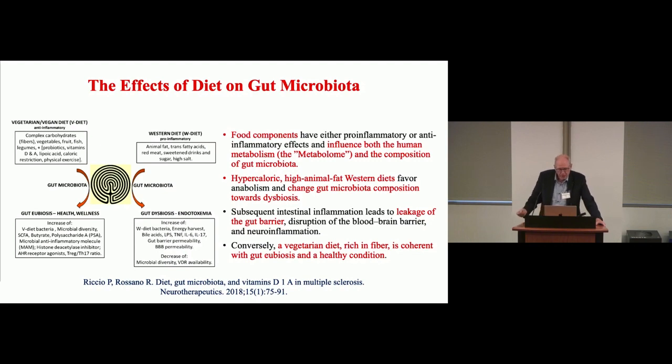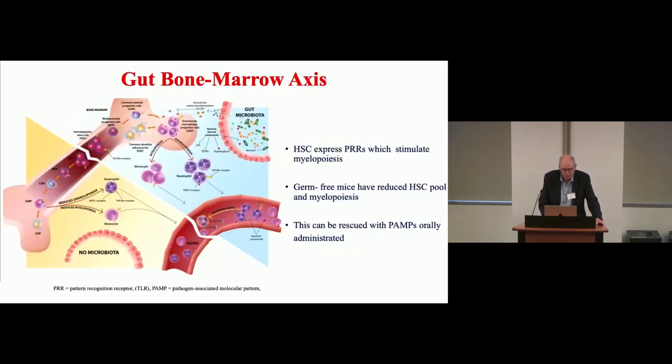And subsequently, intestinal inflammation leads to leakage of the gut barrier, and disruption of the blood-brain barrier in neuroinflammatory disease. Conversely, a vegetarian diet rich in fibers is coherent with gut eubiosis, and a healthy condition.